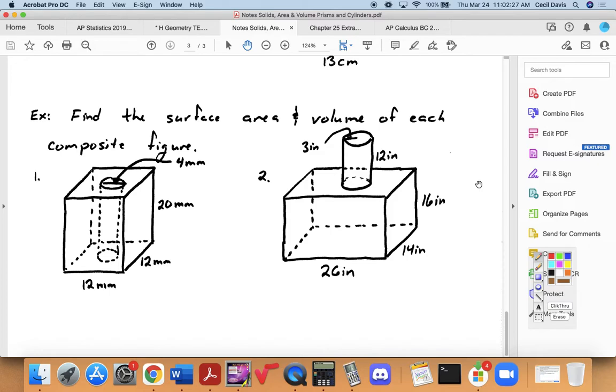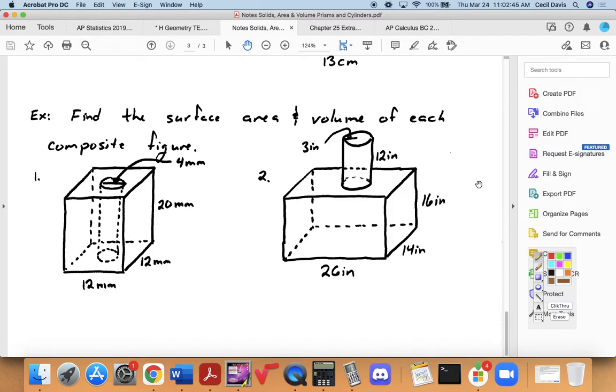Never, ever, ever. It just never happens. Now with volume, you can just take the volume of one and add or subtract the volume of the other, and you have the composite volume. Volume is always easier. Surface area always requires some thought.